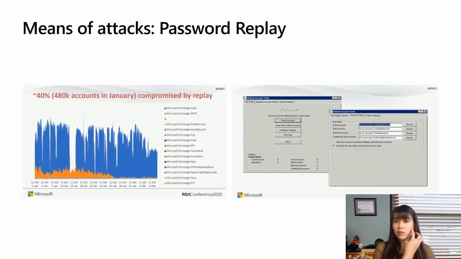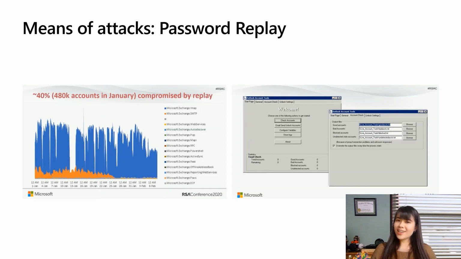And another 40% by password replay attacks, where you take a password that works for one website and you reuse it across websites, and that just takes advantage of our nature to reuse passwords across websites.